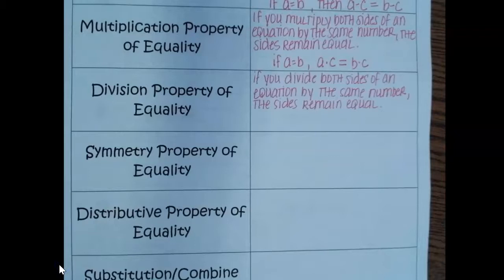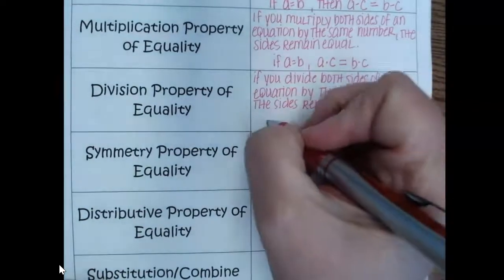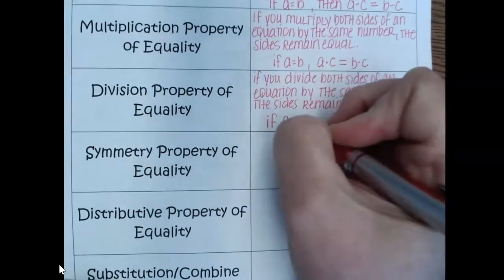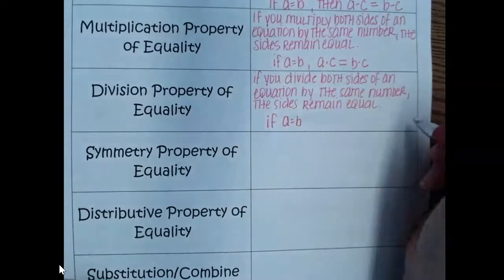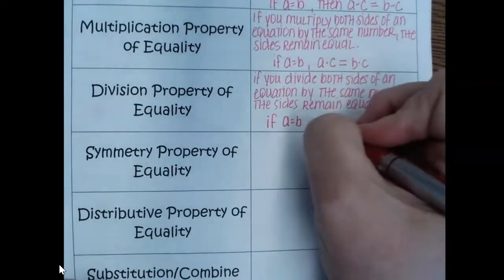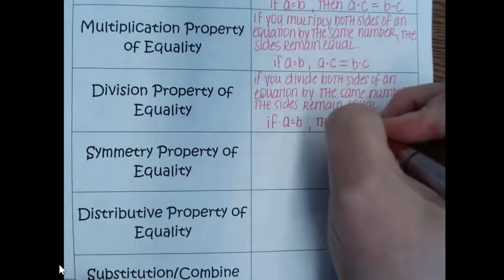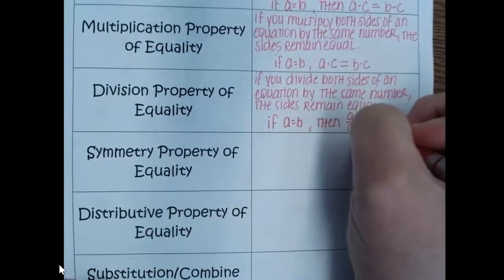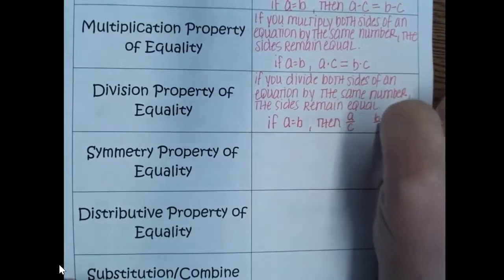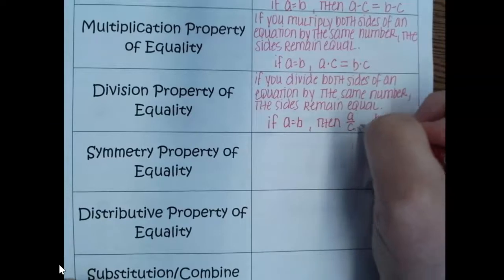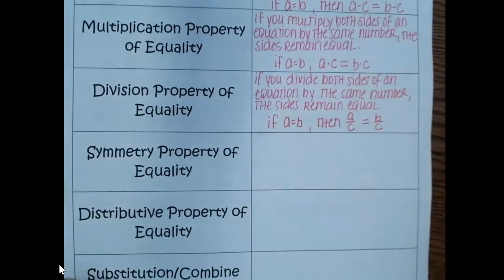If you divide both sides of an equation by the same number, the sides remain equal. So if we start off with our original equation, if A equals B, if I divide A by C and also divide B by C, because they're equal to begin with, if I divide by the same number, they will remain equal.